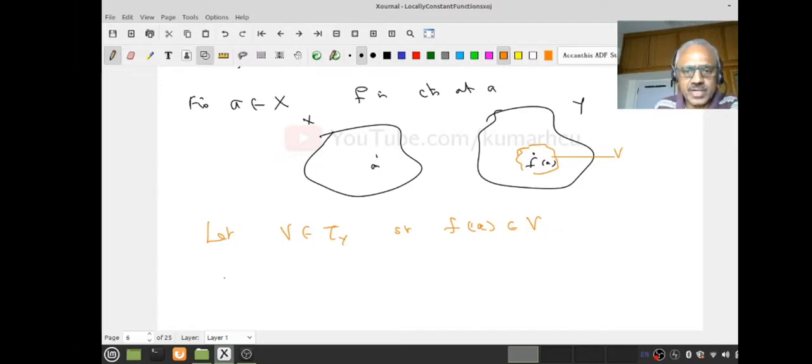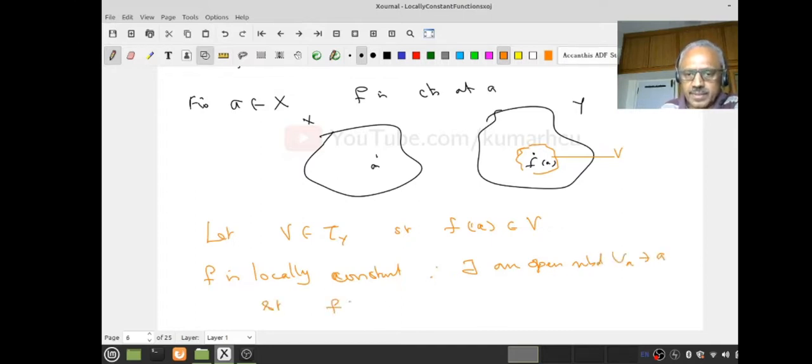Now what do I know about f? f is locally constant. Therefore, there exists an open neighborhood U_a of a, so that f(x) equal to f(a) is true for all x in U_a. Okay, this is my U_a, and give me any x.